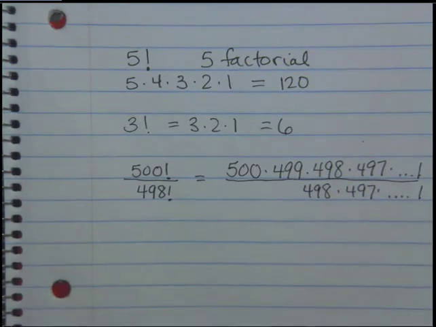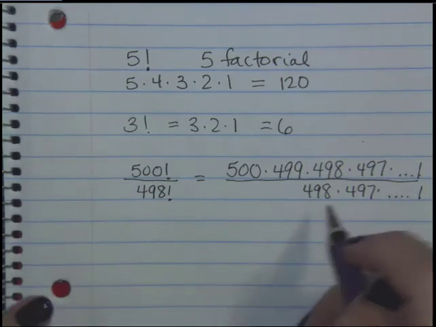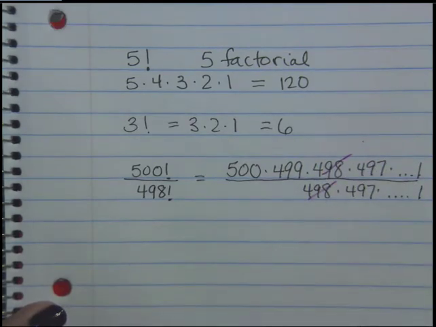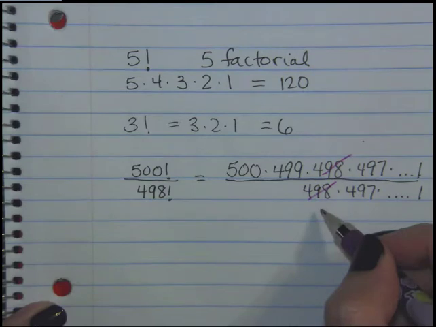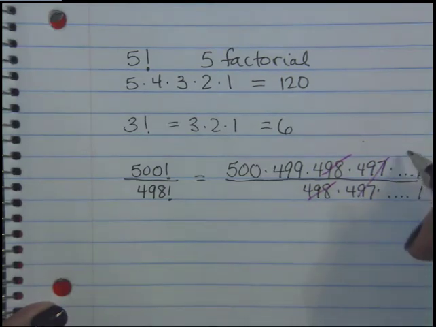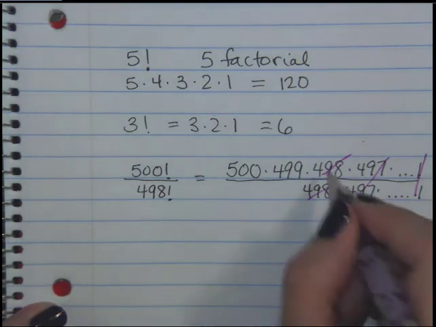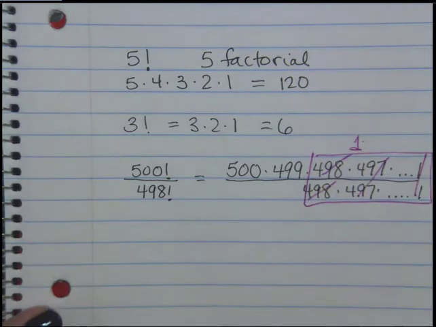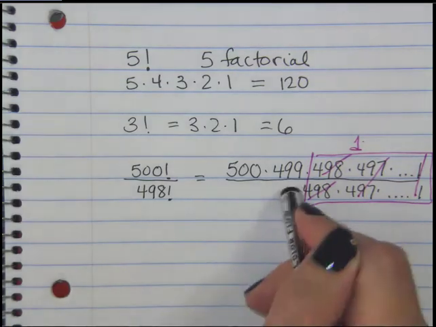And what happens here is that the shortcut is, as long as you understand what we're doing with factorials, this 498 cancels out because 498 divided by 498 is 1. Same with the 497, same with everything else all the way down to those 1s. This whole chunk becomes just a 1, and your math on this becomes 500 times 499.